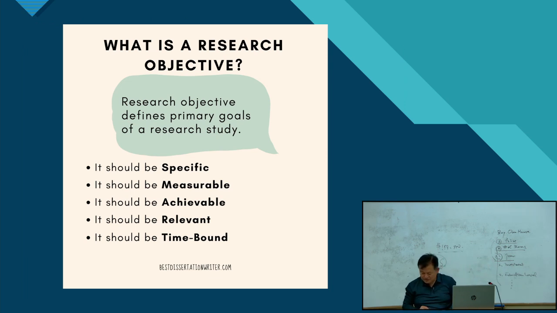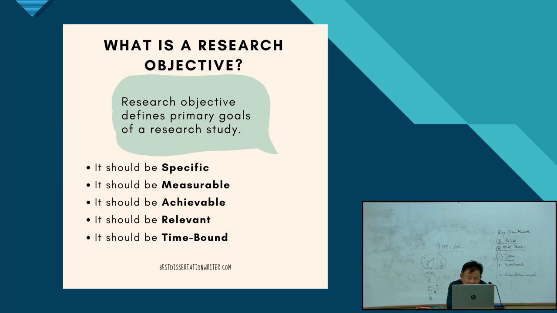Why are we using research papers? What are the research objectives? What is the goal for research papers? Specific, measurable, achievable, relevant, time bound. These things should be shown in your research papers. So research objectives define the primary goals of the research study.